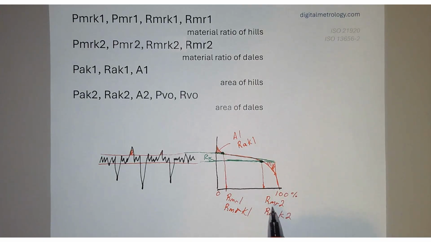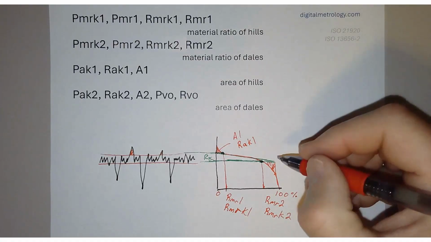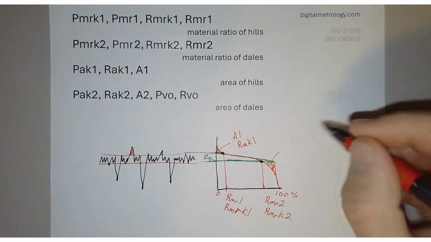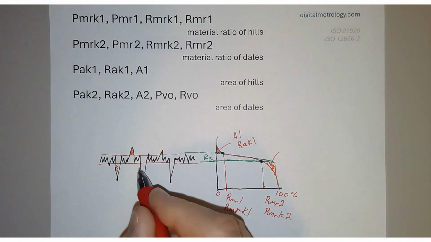For example, historically, Rmr2 might have meant a material ratio analysis at 2 micrometers of depth. But no, this is actually the name of a parameter, and Rmrk2 is going to help with that. But the area of the valleys is very interesting to some people.